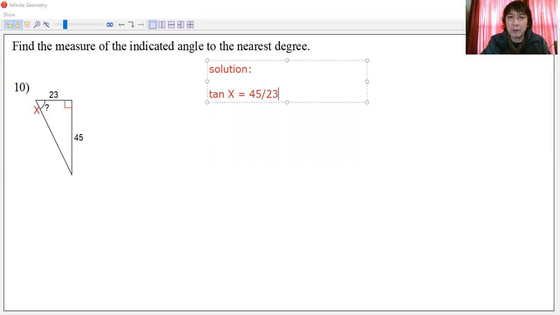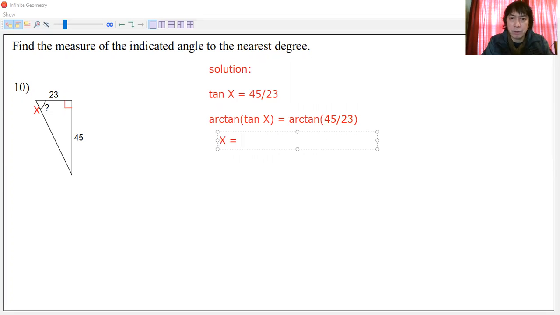Okay, that is tangent. And this will continue like arctangent of the tangent is equal to arctangent of the ratio 45 and 23. And we have angle x equal to arctangent of the ratio 45 to 23.